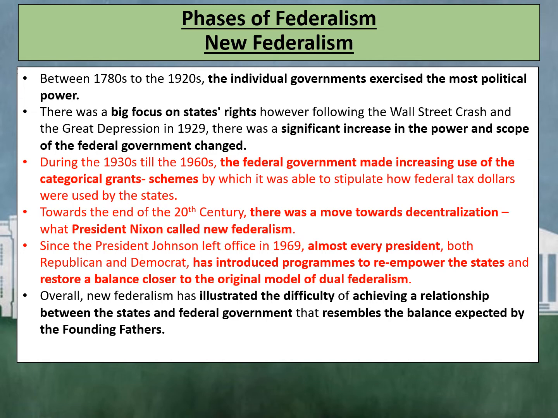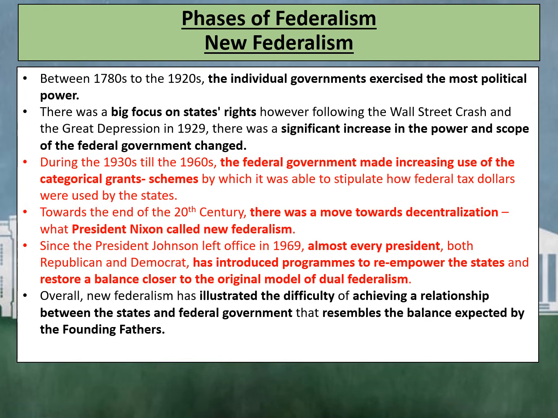Clinton oversaw an economic boom that led to the states building up surplus funds in many cases for the first time since the 1920s. These funds were then used to pioneer new policy ideas that suited the states' needs and priorities. For example, Wisconsin started a program to extend school choice by issuing families with education vouchers that could be used in any school, whether state-run or private.